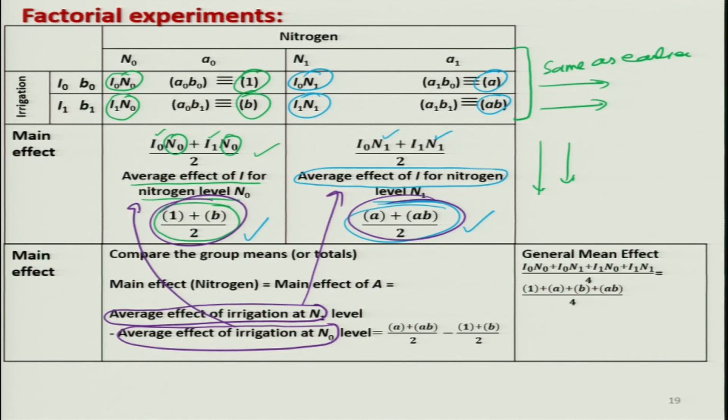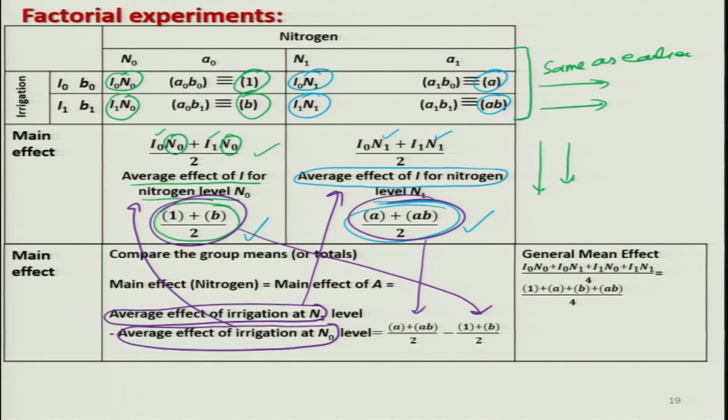This can also be written in terms of 1, A, B, AB as A plus AB divided by 2 minus 1 plus B divided by 2. The structure of this statement says: the average effect of irrigation at the N1 level minus the average effect of irrigation at the N0 level.